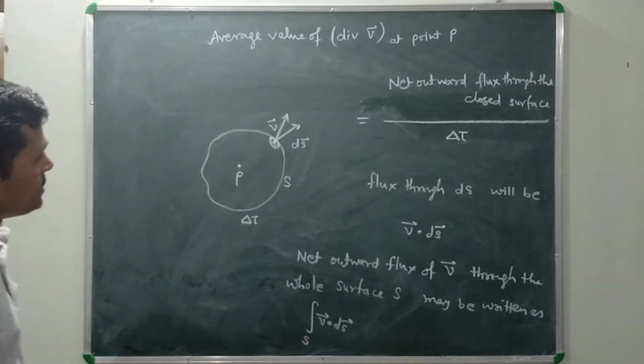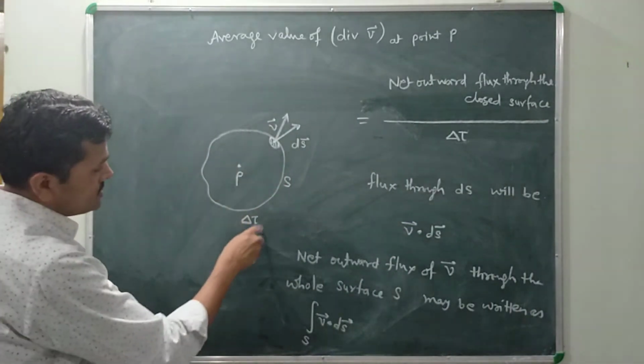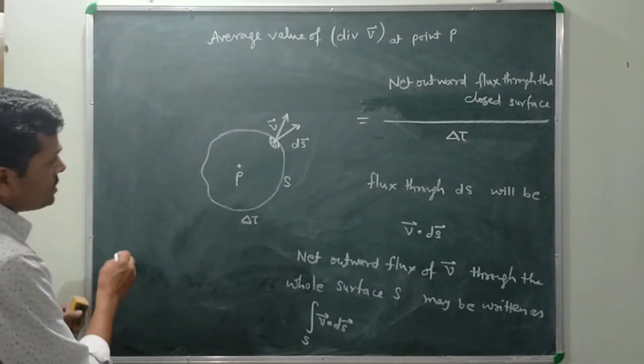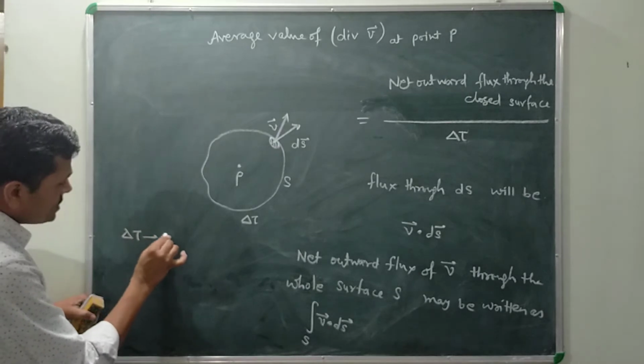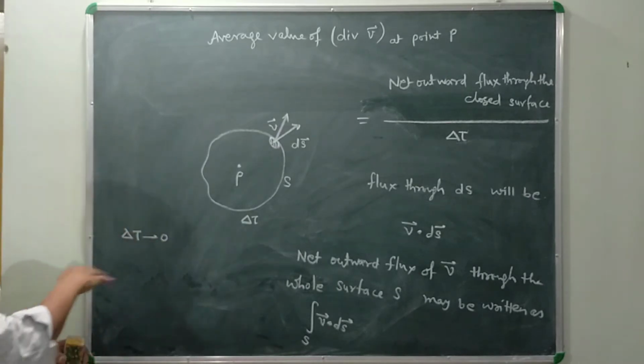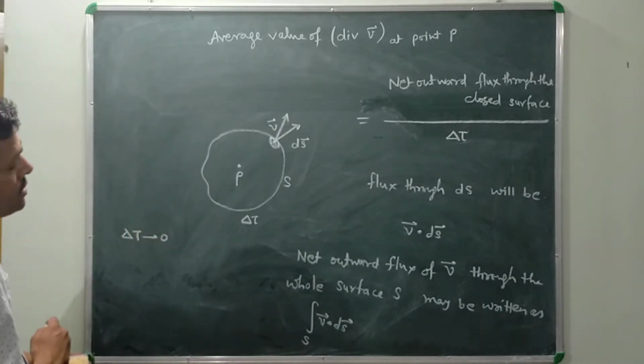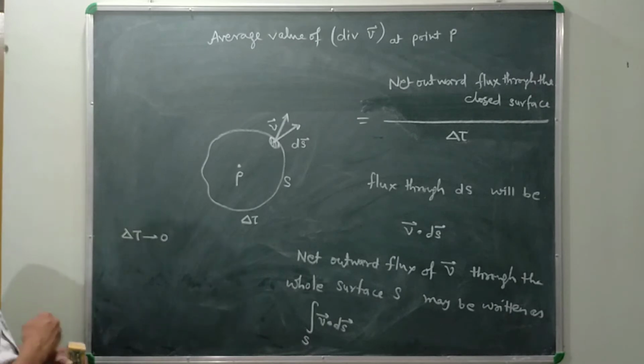Now what will happen if we make this delta tau very small? Say we are assuming that this delta tau is very small, tending to 0. Then what will happen in this situation?